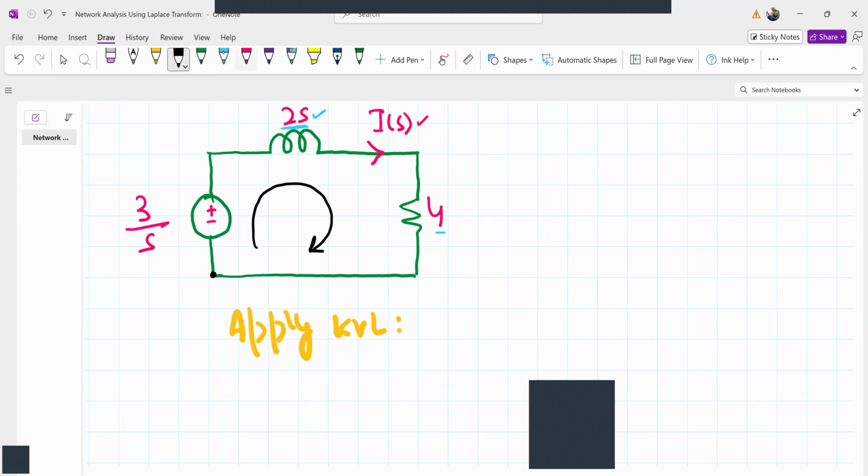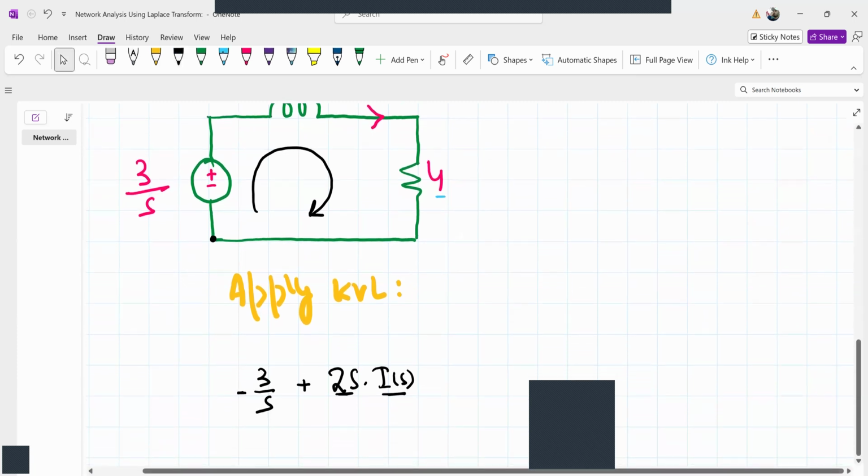The voltage of that element is 3 by s, and since we encounter the negative terminal first, it will be minus 3 by s. Then we have an element whose impedance is 2s and current flowing is I of s. What will be the voltage drop? The impedance multiplied by the current is the voltage drop, so impedance 2s, current I of s. This is the voltage drop in the inductor.